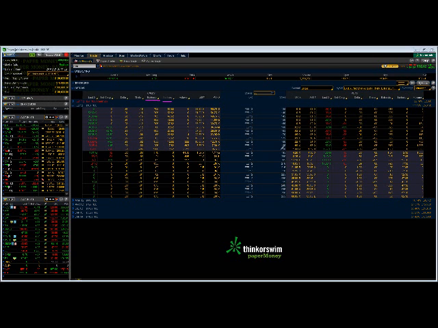So if we look at a call here, let's look at the 190s. All right, this is at the money. Right now IBM closed at 192.62. So this shaded area right up here is at the money. If you look at the extrinsic value, it's $1.08.